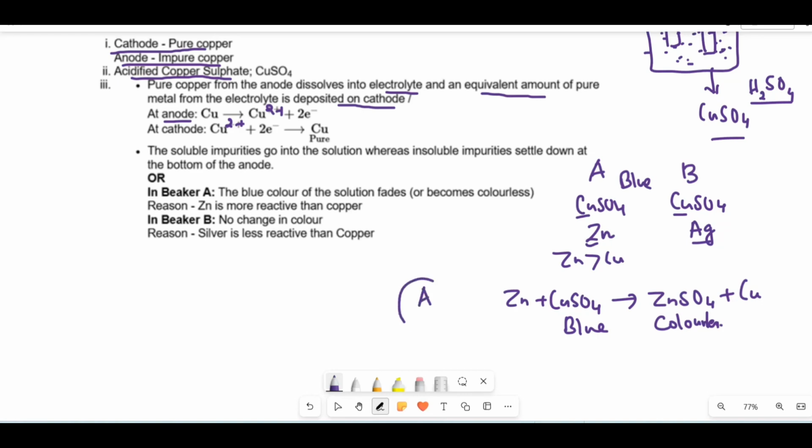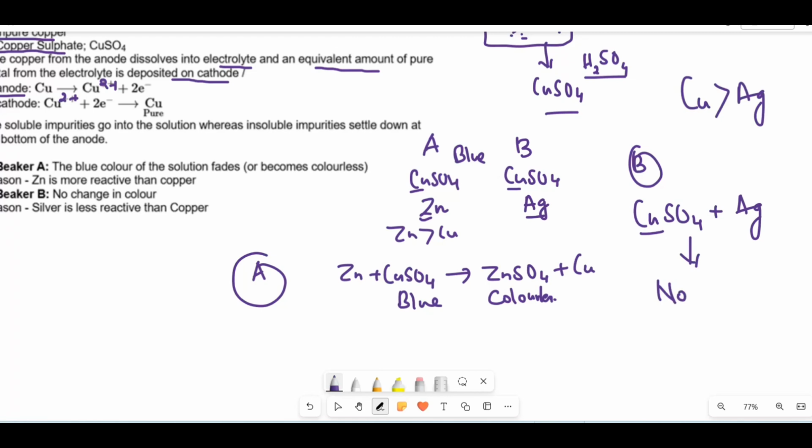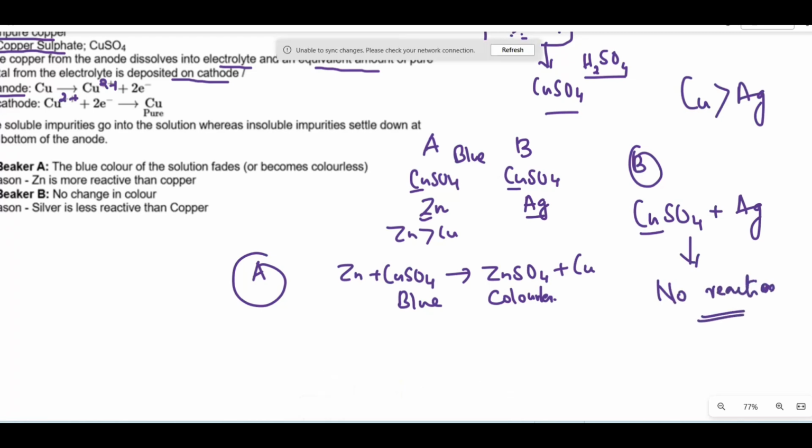Now second beaker, beaker B, has copper sulfate and silver. We are comparing the reactivity of copper with silver, and here copper is more reactive than silver. No displacement reaction happens, no change, no reaction. So the color will remain blue itself.